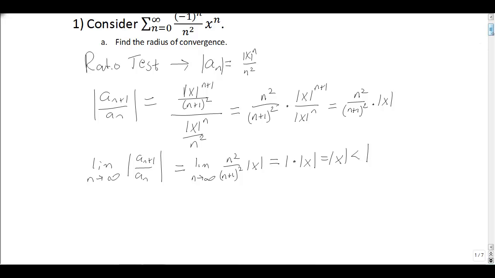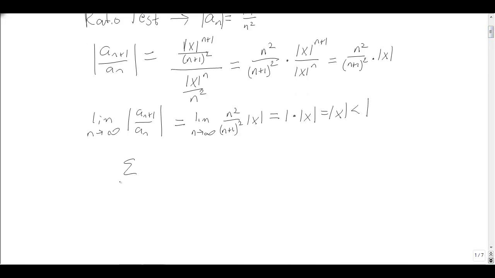So let me just recap here. Our series, n equals 0 to infinity, negative 1 to the n over n squared x to the n: what the ratio test tells us is that this series is absolutely convergent if this limit of the ratio of the a_n's is less than 1.